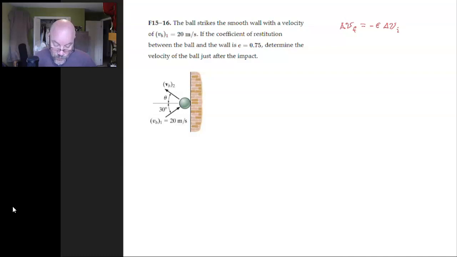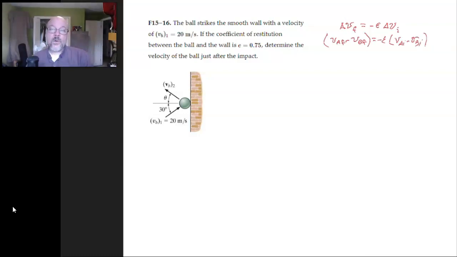And just to remind you, if you've got these two objects, A and B, as long as in your deltas you do A and B in the same order, it's fine. In other words, we could go like this. We could say VA final minus VB final is minus epsilon VA initial minus VB initial.